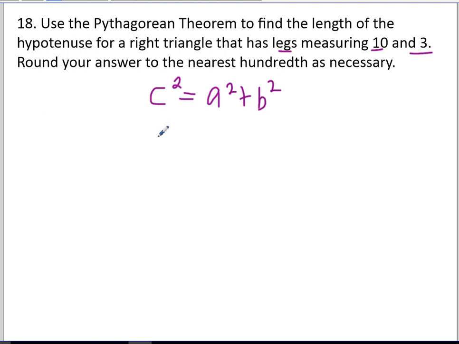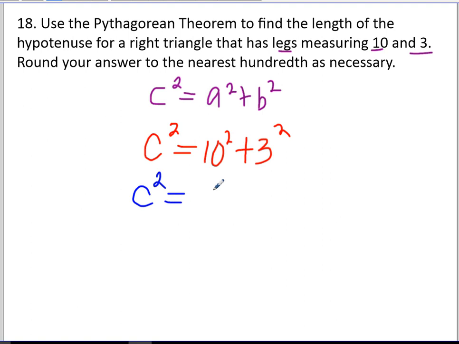So we'll plug those numbers in for our A and B. So we have 10 squared plus 3 squared. We know that 10 squared is 10 times 10, 100. 3 squared is 3 times 3, 9. So we add them together, we get 109. That's not our final answer, though. That's the same as the hypotenuse squared.